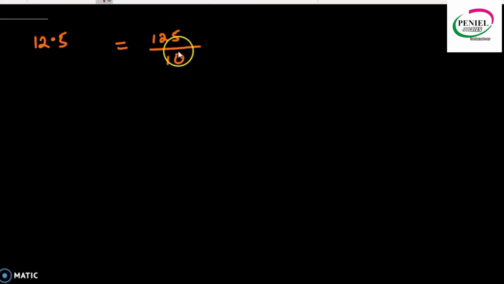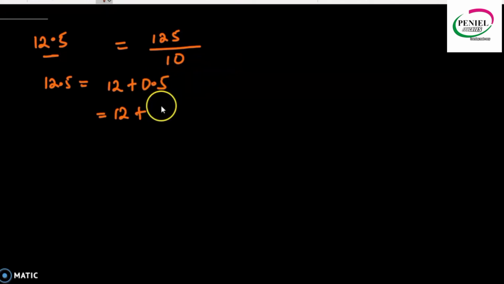Now, another thing you can do is that this particular one, 12.5, is like 12 plus 0.5. 12 plus 0.5 is going to give you 12.5. So it's as if you're having 12 plus this one converted to a fraction, which gives you 5 over 10. If you reduce this 5 over 10, it's going to give you a half.